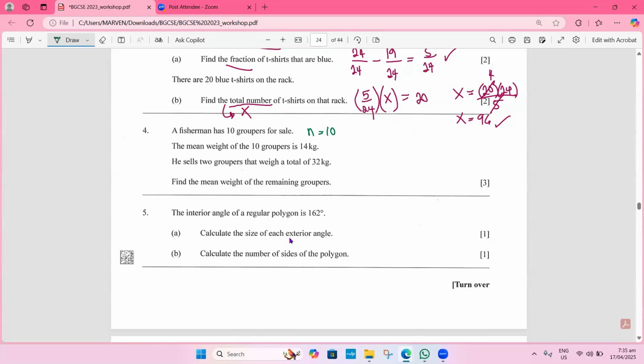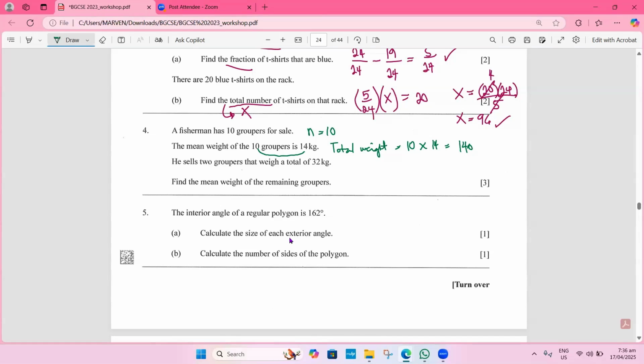Now the mean weight of the 10 groupers is 14, which means, if we want to know the total weight, we are going to multiply the number of groupers times the mean. So the total weight is 140 kilograms.